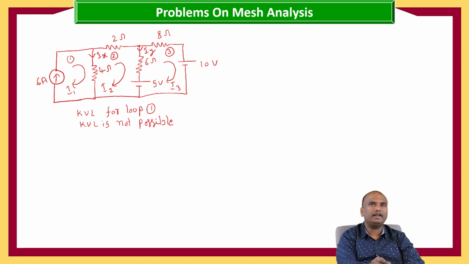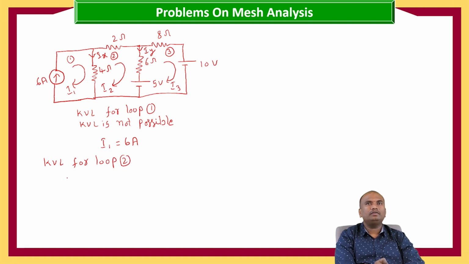Here current I1 and 6 amperes are in the same direction, so I1 is equal to 6 amperes. Now let us write the KVL for loop 2.